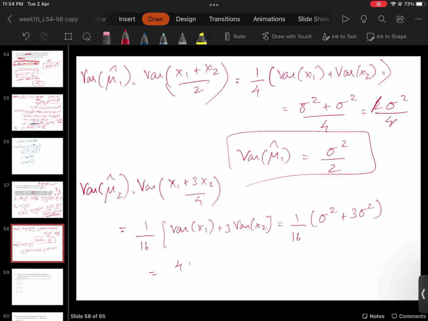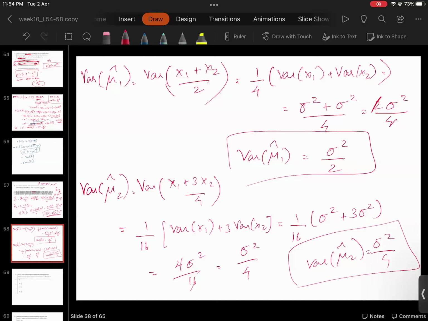This gives you 4 sigma square by 16, so sigma square by 4. So variance of mu2 hat is equal to sigma square by 4. So obviously V2 is smaller than V1, right?